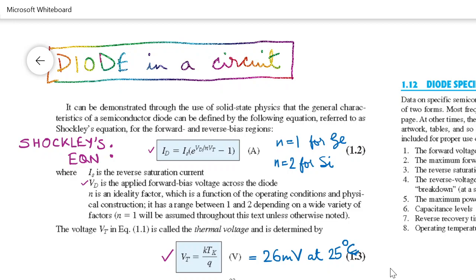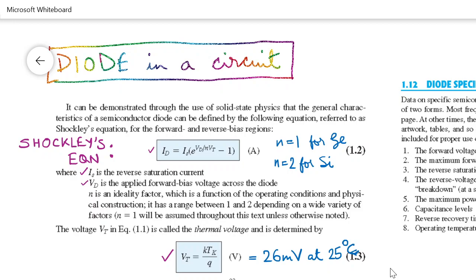But another thing you need to know is IS, the reverse saturation current, and this will generally be given to you because it is specific to a particular diode. It does not change for a particular diode; when the diode changes, it changes. It is given in the data sheet.